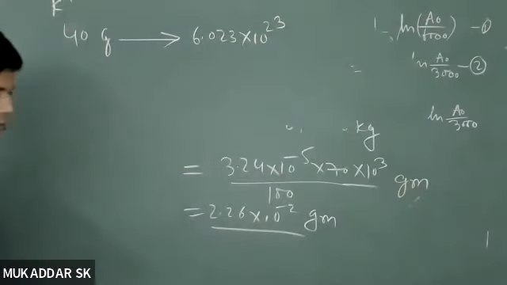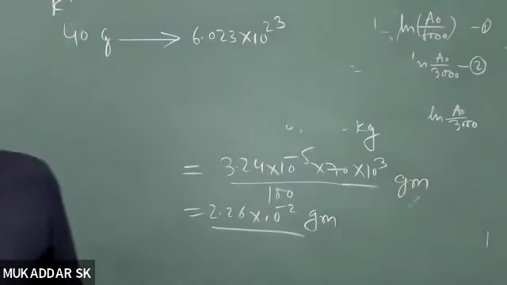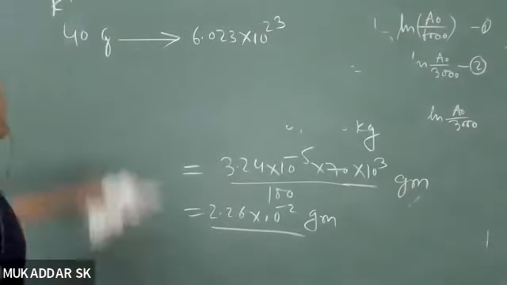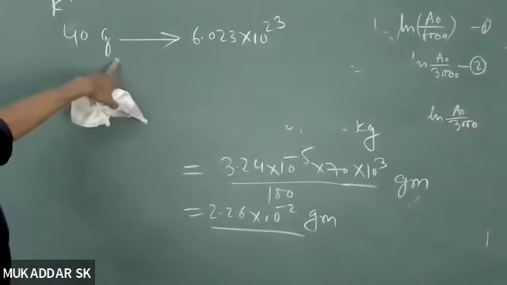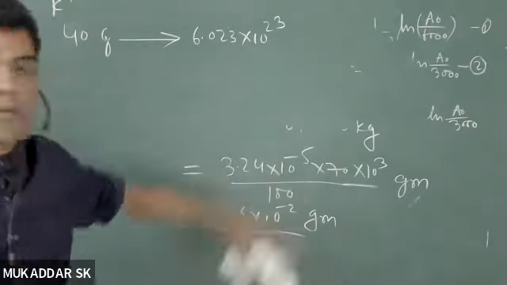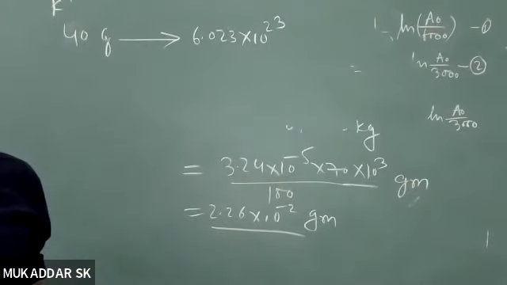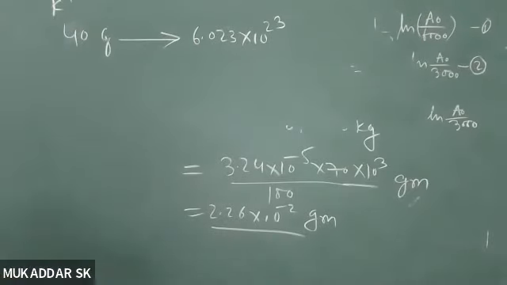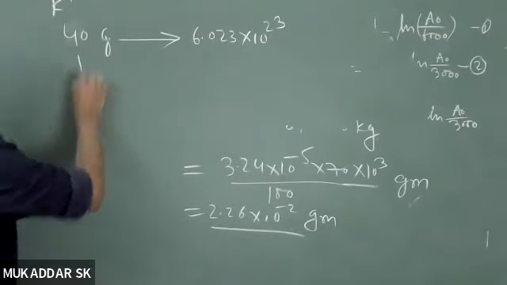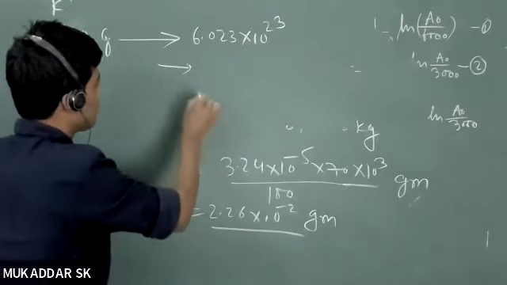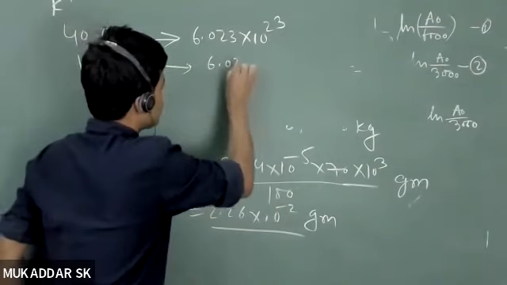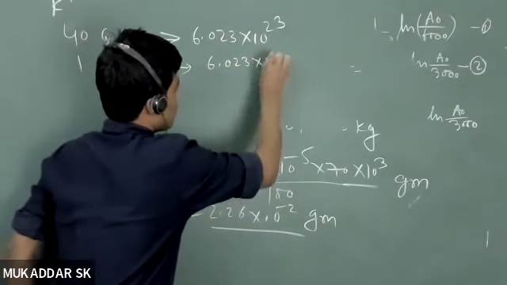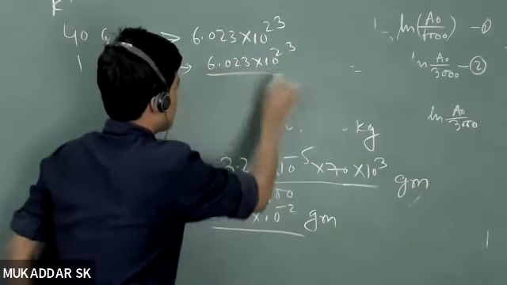That's the concept of Avogadro number, that the mass number in grams will have Avogadro number of nuclei. It means 1 gram will have how many nuclei? That will be 6.023 into 10 to the power 23 divided by 40.